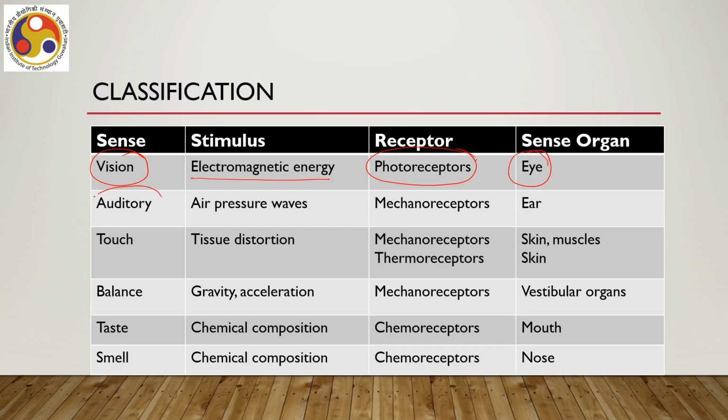When we talk of the auditory sense, we have air pressure waves as the stimulus, mechanoreceptors are there, and the sense organ is the ear. We have then the touch sense. Tissue distortion is the stimulus in this case, and we have two types of receptors here, mechanoreceptors and thermoreceptors, and the sense organs are skin and muscles.